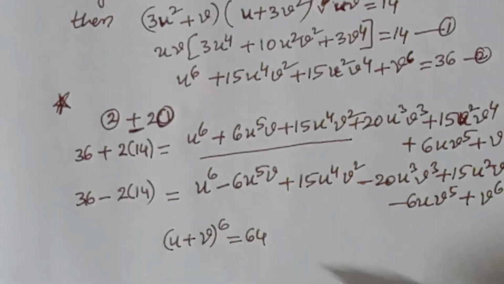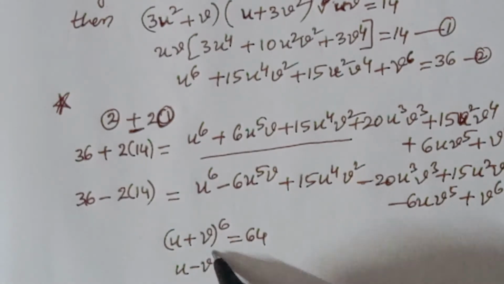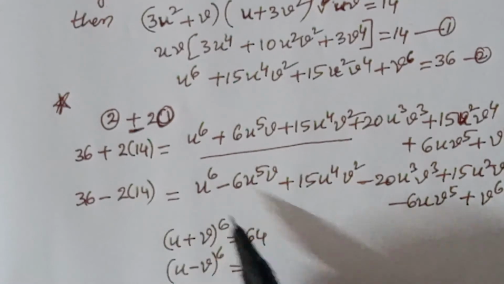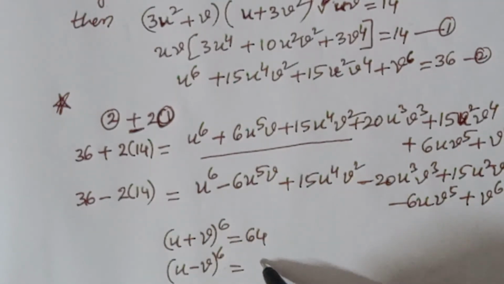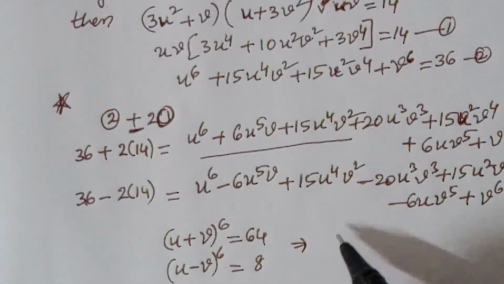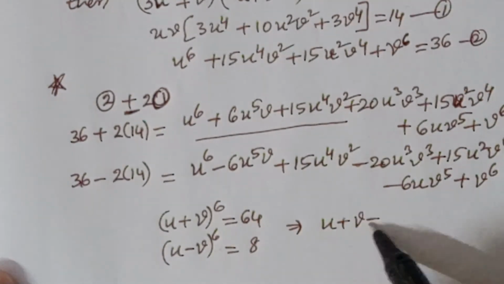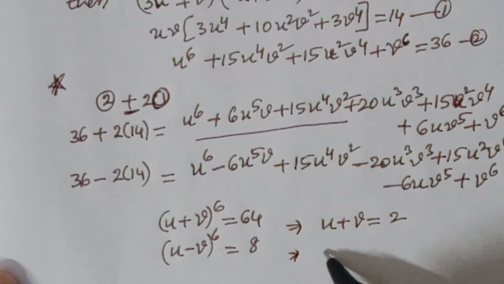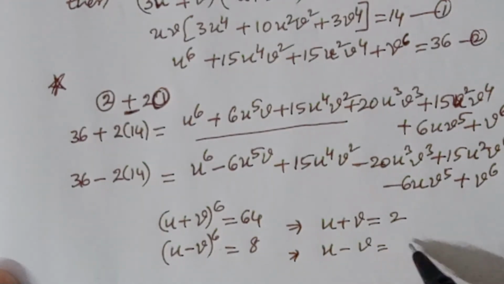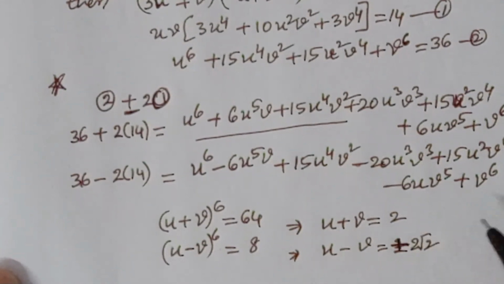Now the second one: (u − v)⁶ is equal to 36 − 28, which is 8. From this you will get u + v = 2 and u − v = ±√2.